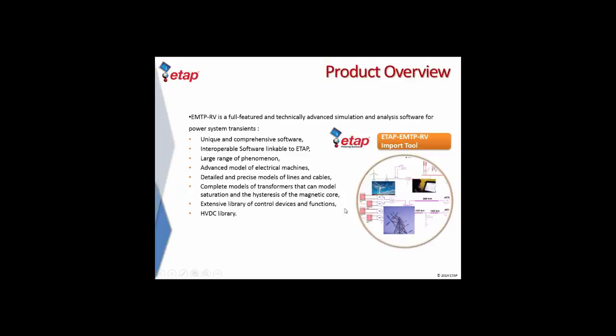It's a full-featured, all-in-one software that can run all these fast transient analyses. It's quite open, and you can connect the software with other third-party software like ETAP. It can simulate a large range of phenomena, and as I said, detailed models of machines, lines, cables, transformers, and so on.